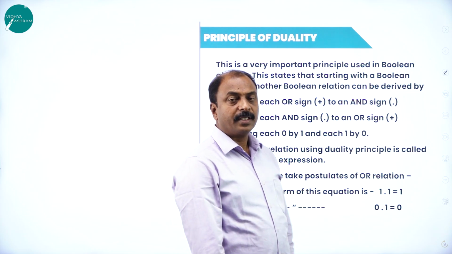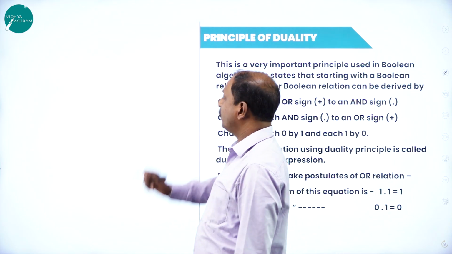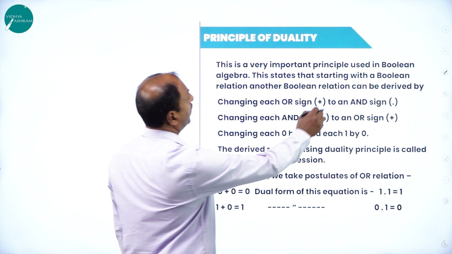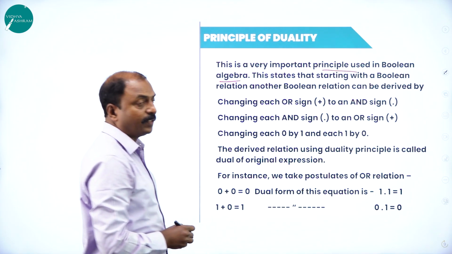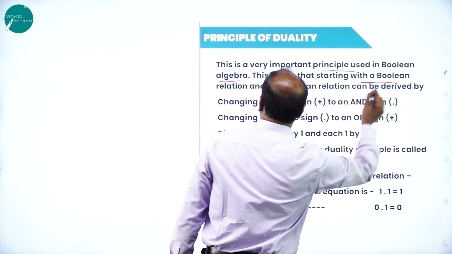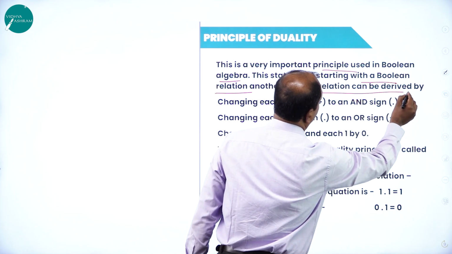Next, another important concept in Boolean algebra is the principle of duality. So what is the definition of this? This is an important principle used in Boolean algebra. It states that starting with a Boolean relation or equation, another Boolean relation can be derived.